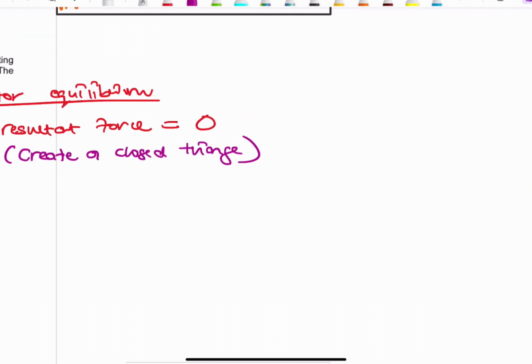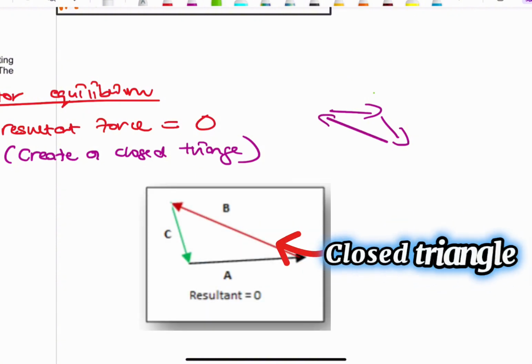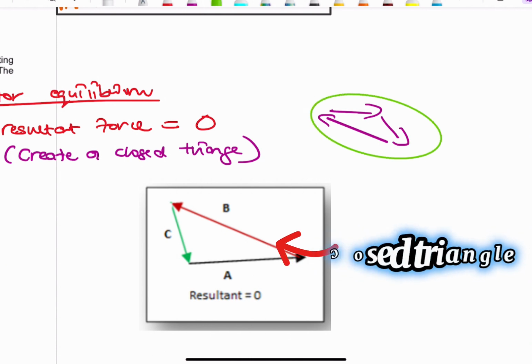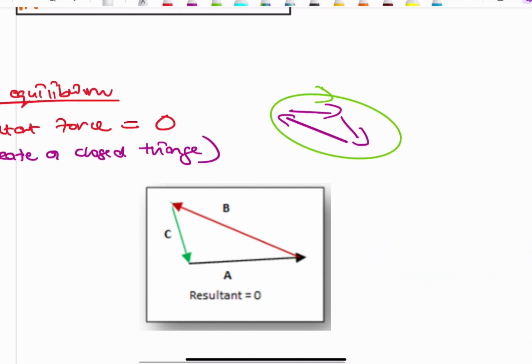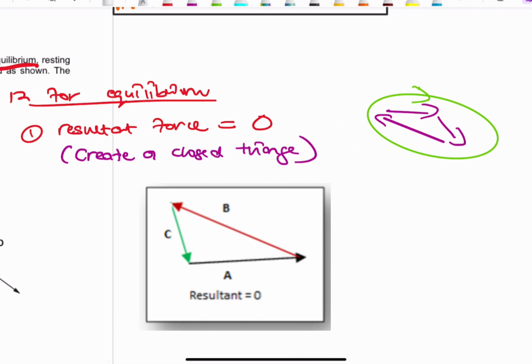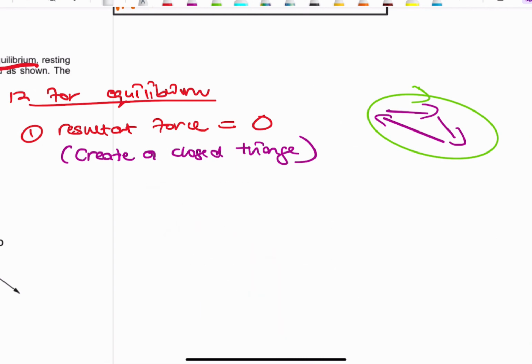For example, if I have this vector and that vector and that vector, they create a cyclic triangle because I can move around and come back where I started. So this means there is no resultant force, because it has created a closed triangle. This is my condition for the resultant force.